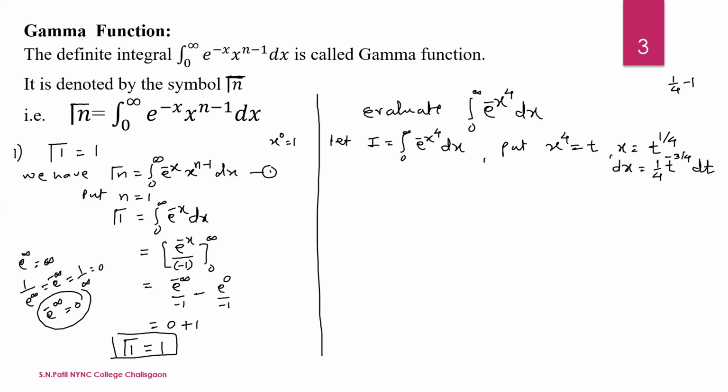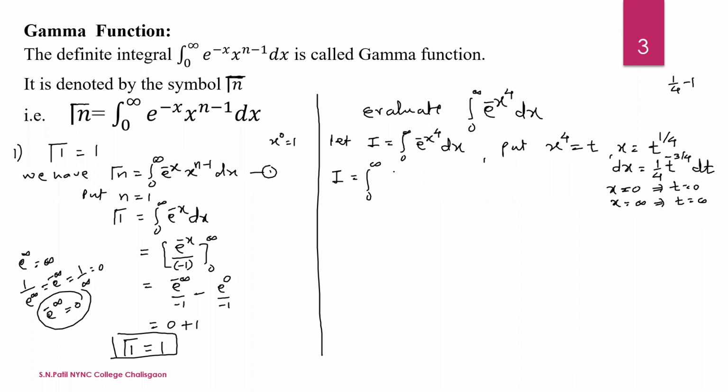Now we transfer x to t, so the limits for t will definitely change. First, x equal to 0, the lower limit, gives t also 0. And the upper limit x equal to infinity gives t also infinity. So the new integration for the new variable t is from 0 to infinity. These are the limits of t.